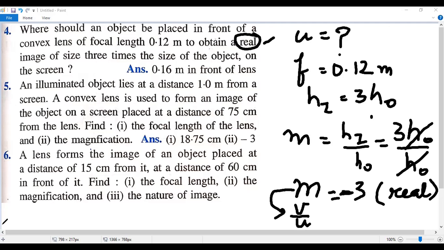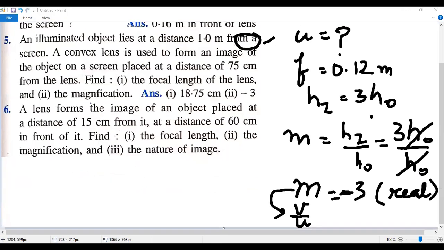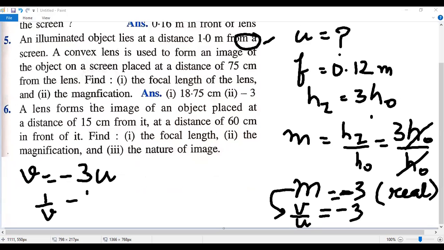So if we put v divided by u, which is equal to minus 3, can I say that v is equal to minus 3u? So now after doing it, put the value in your lens formula. Put v as minus 3u.